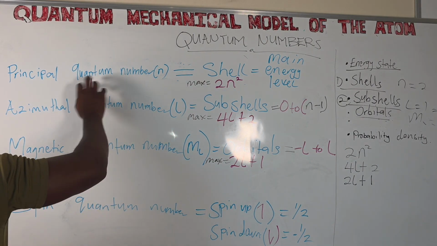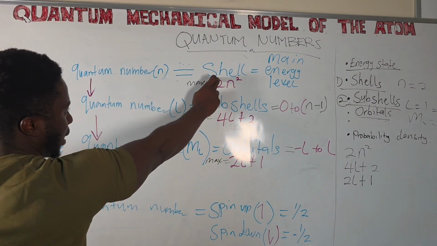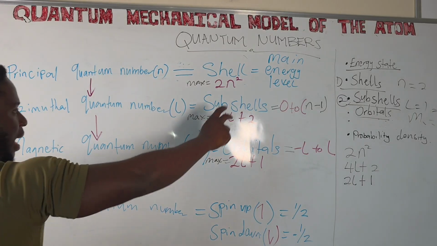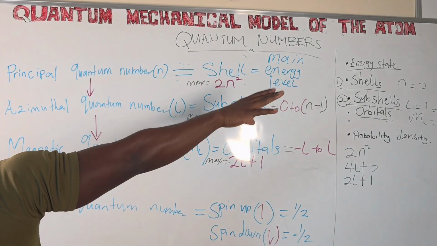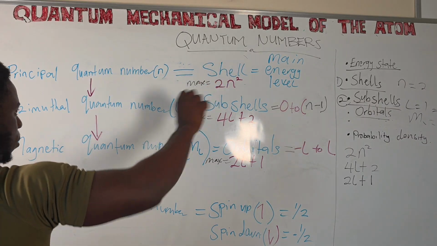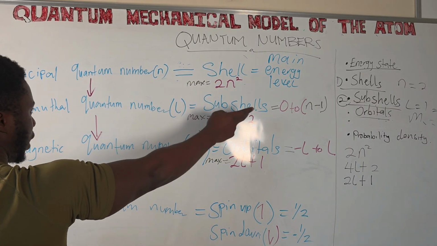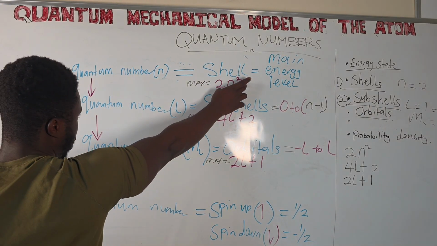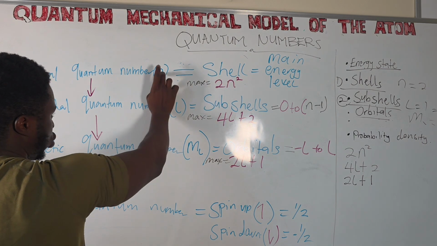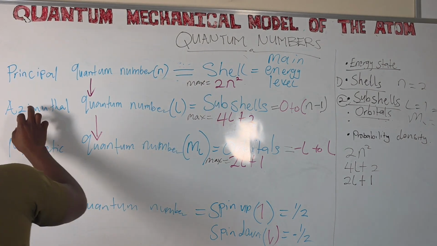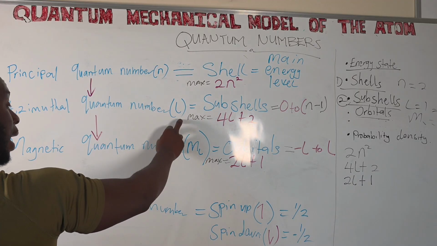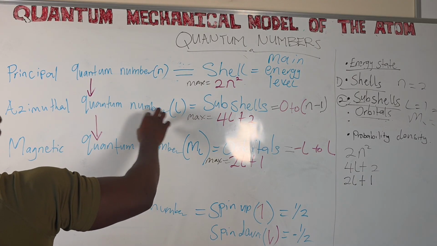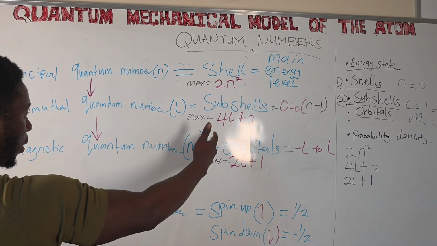The principal quantum number is the shell. They are the shell numbers, and it is the main energy level of the atom. And the maximum number of electrons it can hold is 2n squared, where n is the principal quantum number. The azimuthal quantum number is demarcated by L, because it is also an angular momentum quantum number, right?